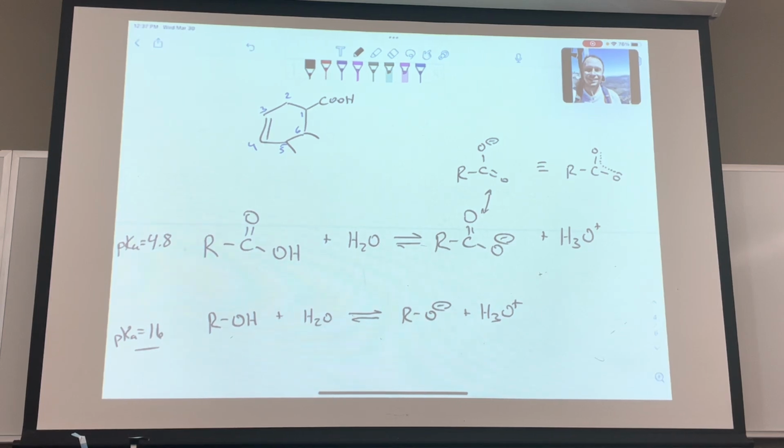And as we've talked about since the first day of this class, to the extent that you can delocalize or spread out electron density, you're going to be much better off and more stable for it. The alkoxide, there is no delocalization. All of that electron density is squarely on oxygen, which makes it much less stable than this highly delocalized system.